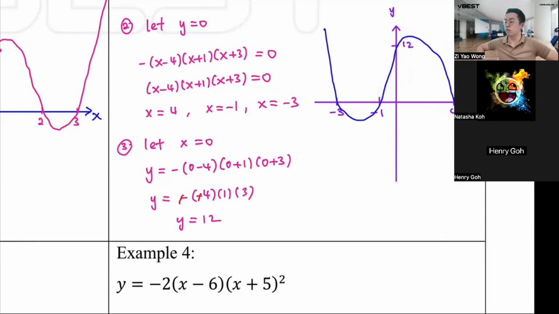A lot of students also make the same mistake: when they label the y-intercept, they pass through here and then they turn already. You get what I mean? Make sure the graph passes through the correct point. When you write 12 here, make sure you pass through 12. That's it.